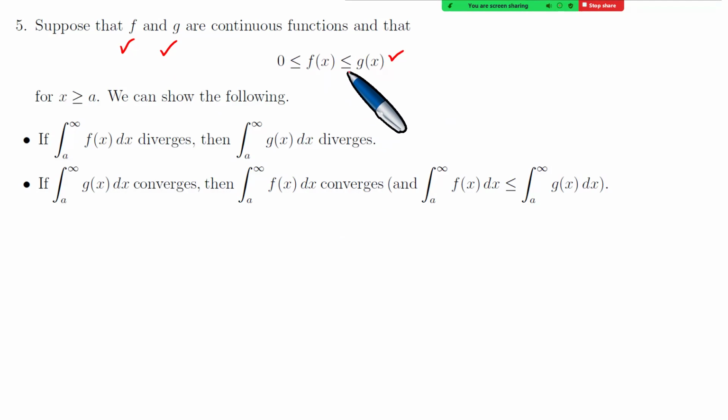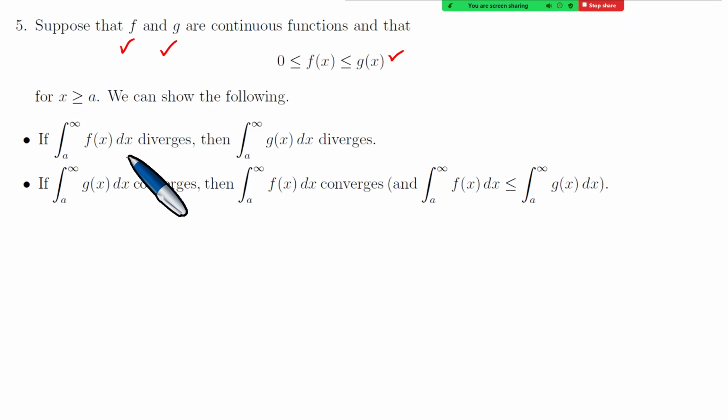The function f is less or equal to the function g, but the function f is bounded below by 0, above by g. So this f is a bounded function. For x greater or equal to a, we can show the following.